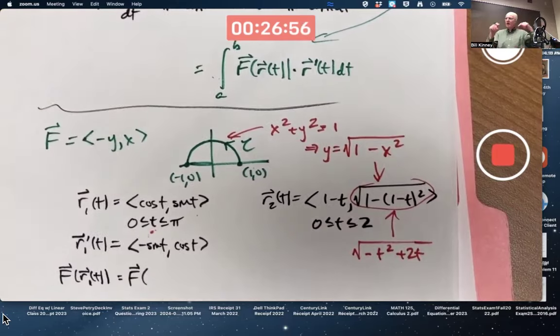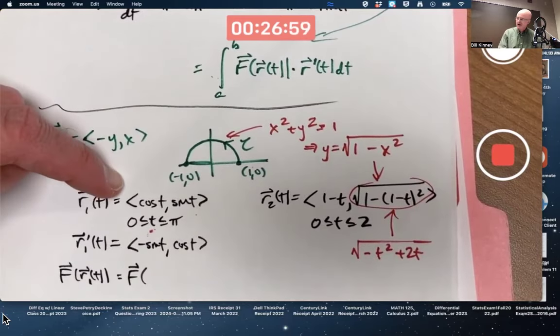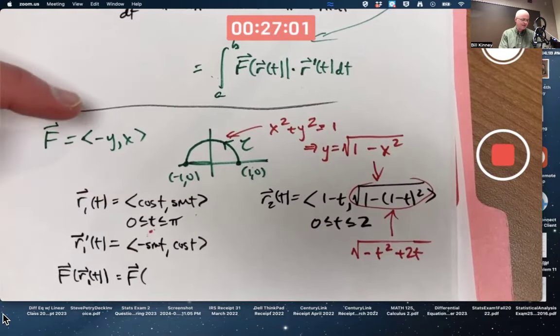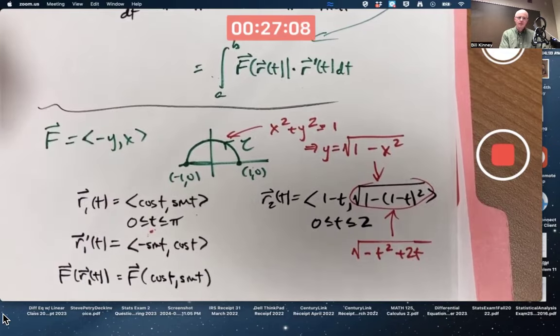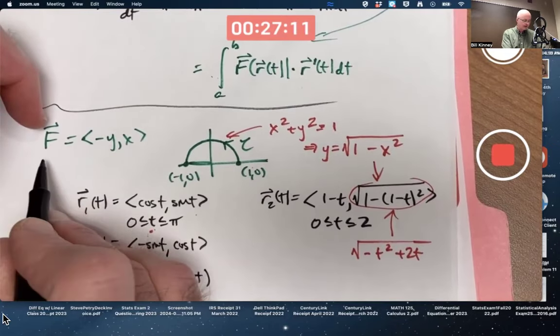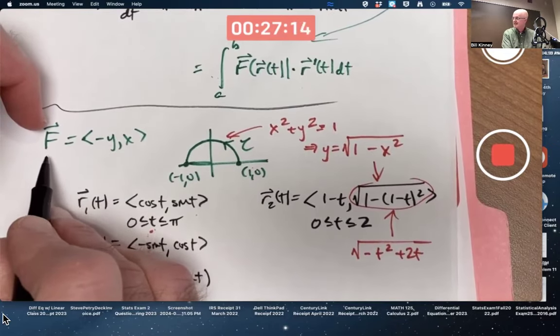It's written with pointy braces here in vector form, but when I plug it into f, maybe I prefer using parentheses around the cos t and sine t. I don't have the parentheses over there, but remember, it's because they're just always suppressed.